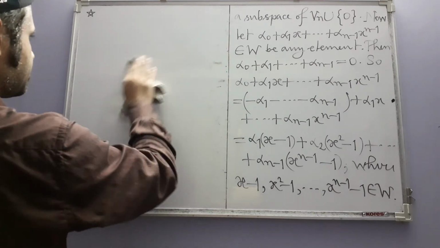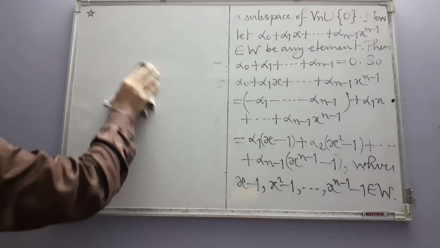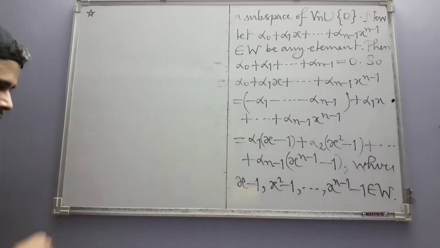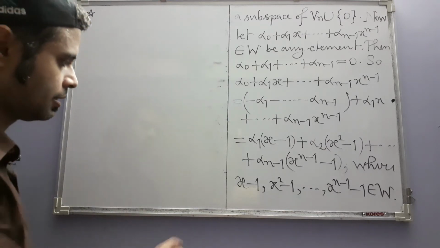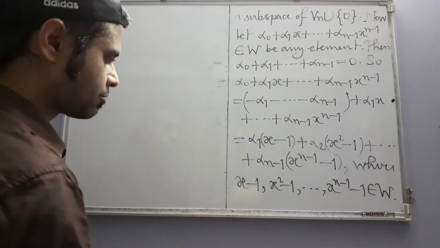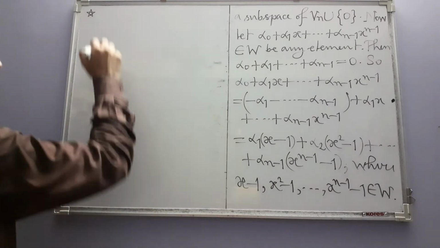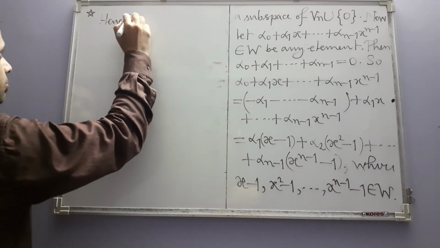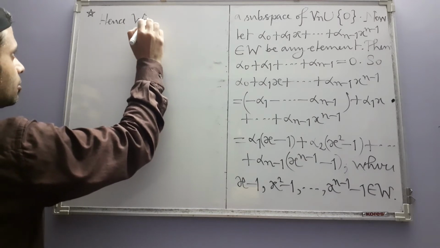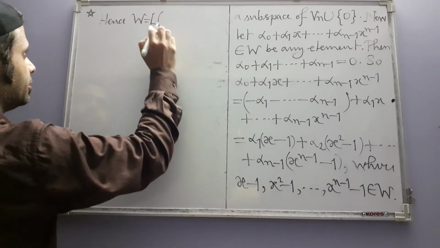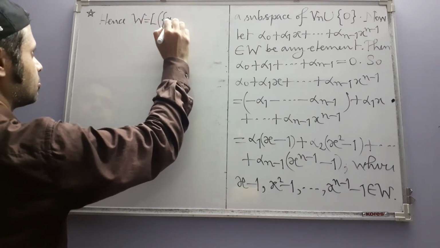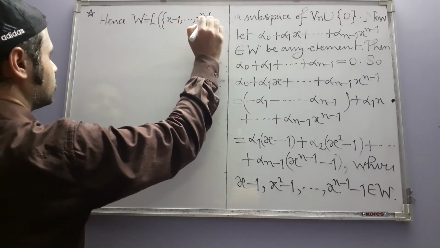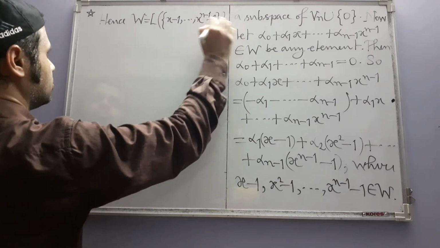There may be other spanning sets also, but we don't care. We have found one, and in fact it will turn out to not just be a spanning set, but we will now show that it's a basis. Hence W equals the linear span of these vectors.